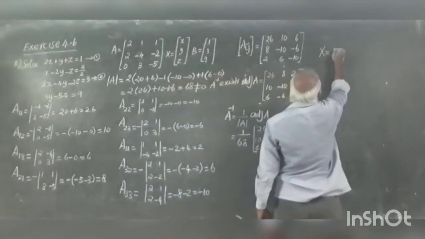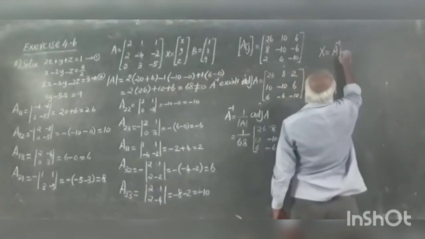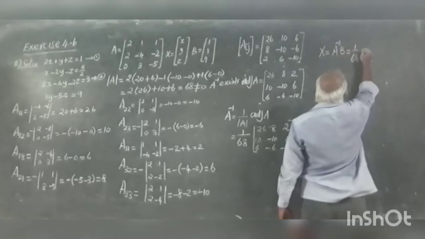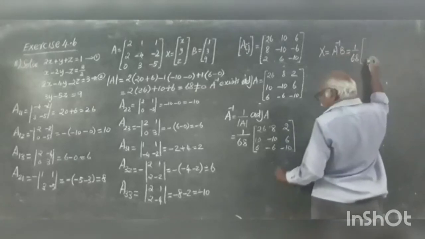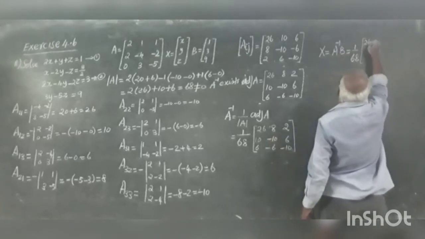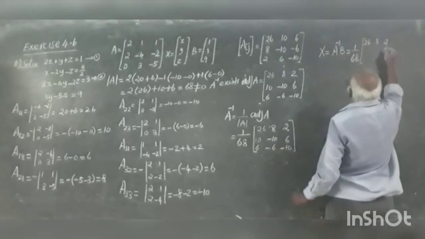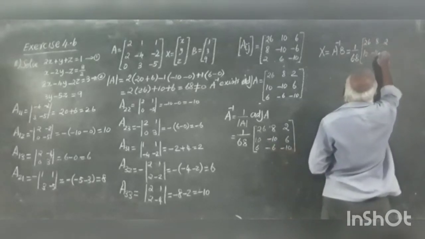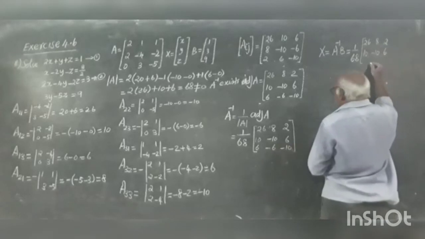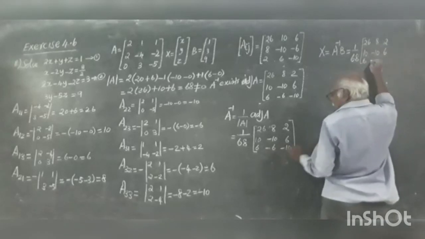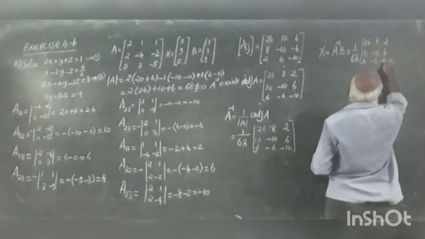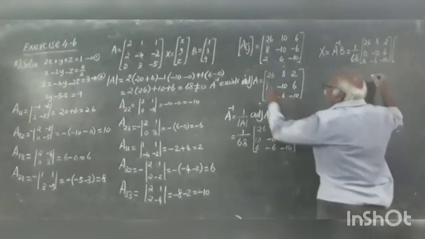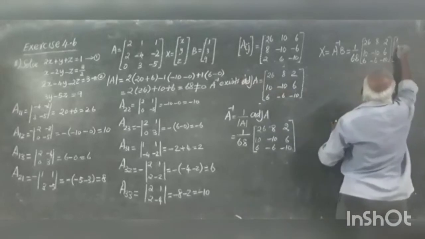X is equal to A inverse into B, which is 1 by 68 into the matrix 26, 8, 2; 10, minus 10, 6; 6, minus 6, minus 10, into 1, 3, 9.